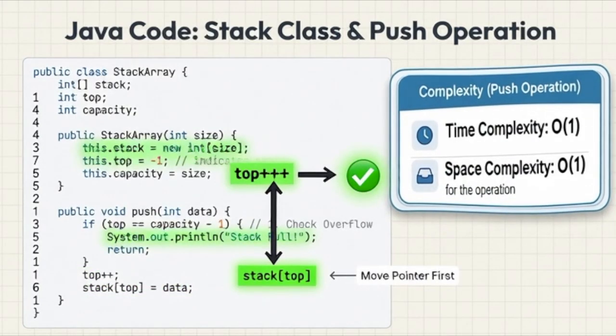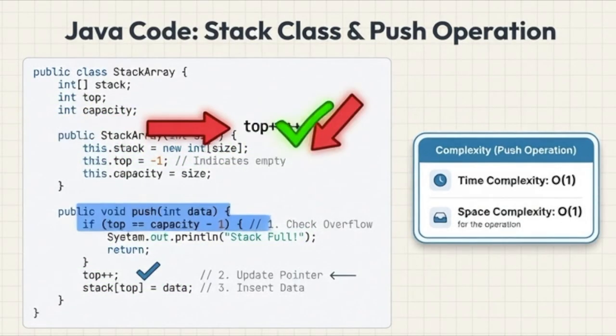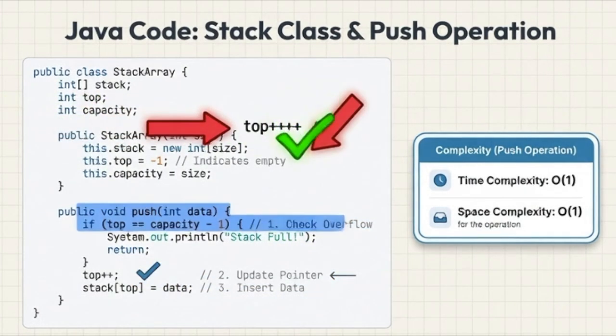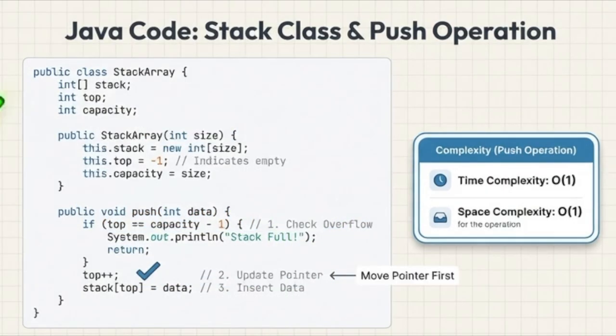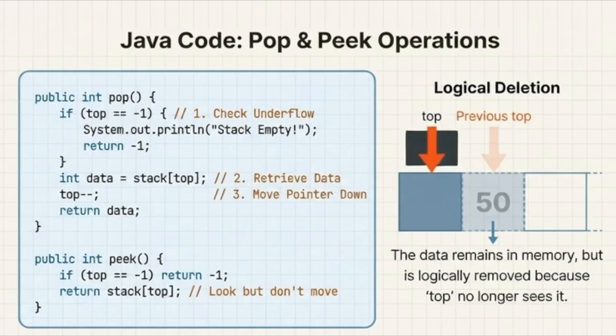If we have space, we increment top first, moving our pointer to the next empty index, and then insert the data: stack[top] = data. This operation is incredibly fast. Big O(1) time.